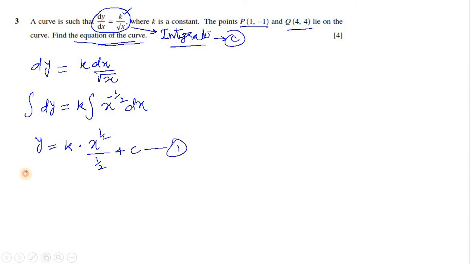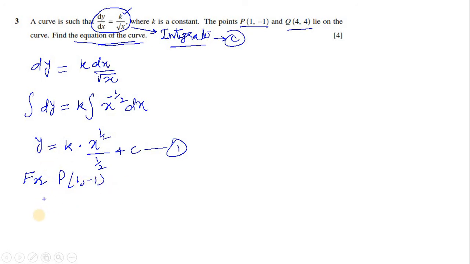Now for point P(1, -1), I'm substituting this point in the curve, which is equation number 1. That means if x is 1, then y is minus 1.